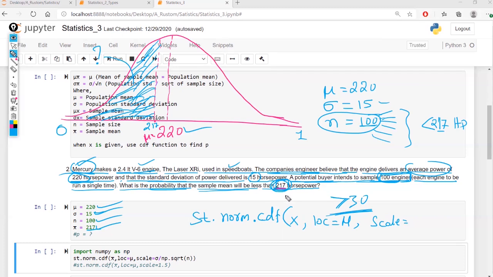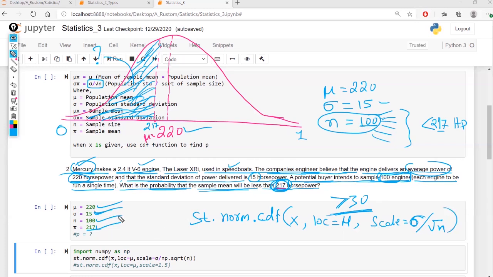So for that, I need to use some other equation here. Instead of using sigma, I'm going to use sigma divided by square root of n, right? So we know sigma, the population standard deviation, and in order to get the sample standard deviation, I have to use this formula, sigma divided by square root of n, right? We know n also, n is nothing but 100.